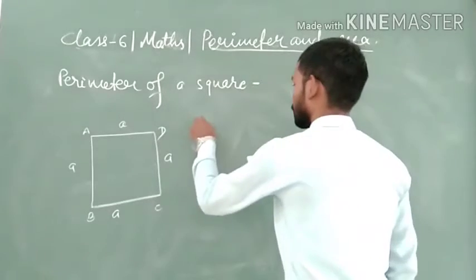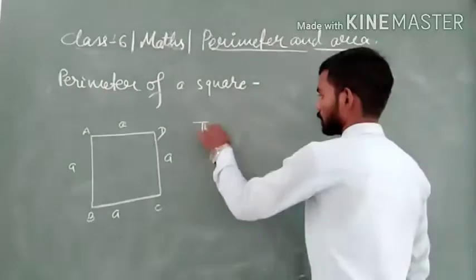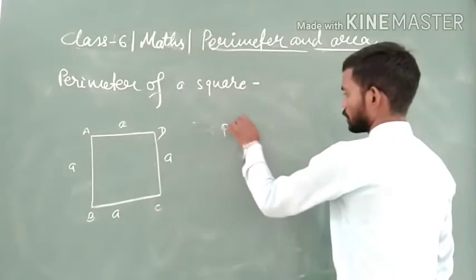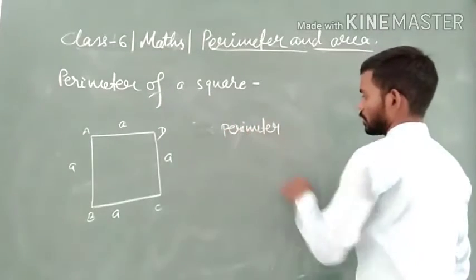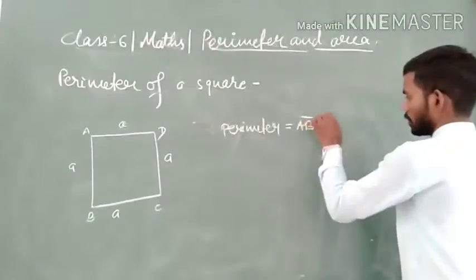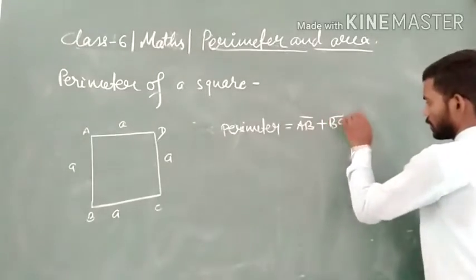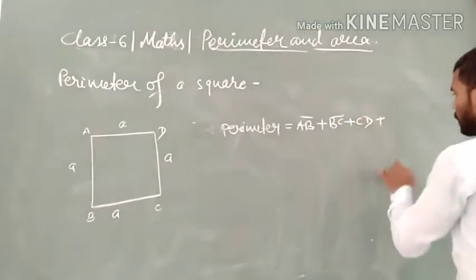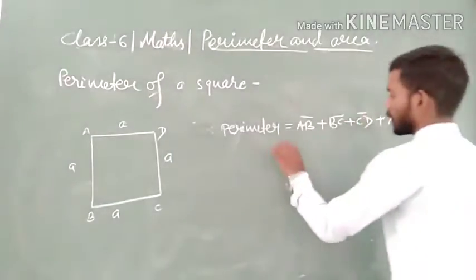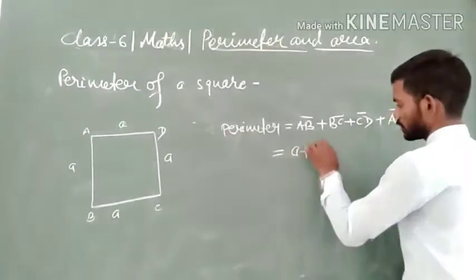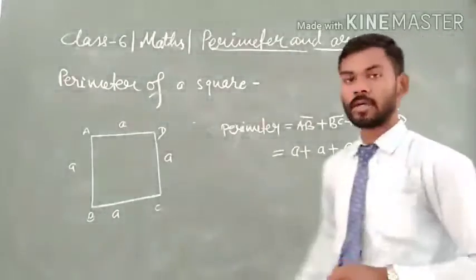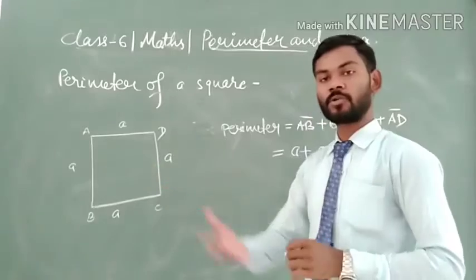And here, in this case, the perimeter will be equal to AB plus BC plus CD plus AD, and hence here we get A plus A plus A plus A, because all its sides are of equal length.